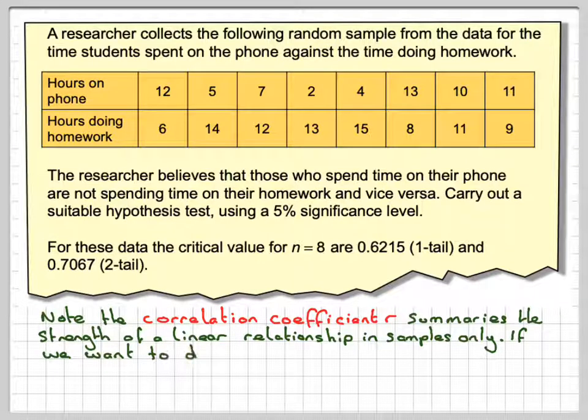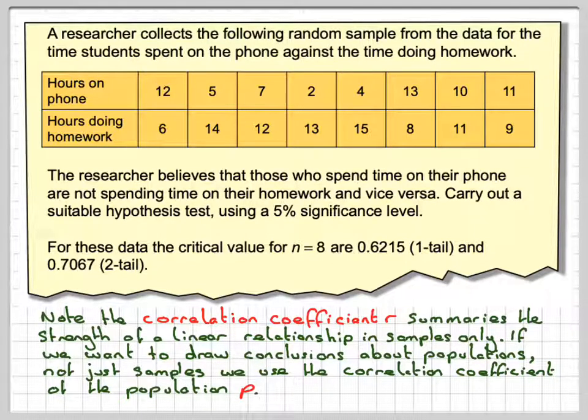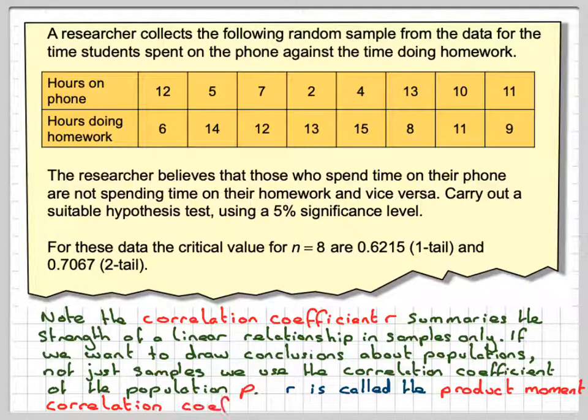If we want to draw conclusions about the whole population, to say this is a sample drawn from more data and not just the samples, we have to use the correlation coefficient of the population, which is denoted by rho, R-O-W, the Greek letter. r is called the product moment correlation coefficient.